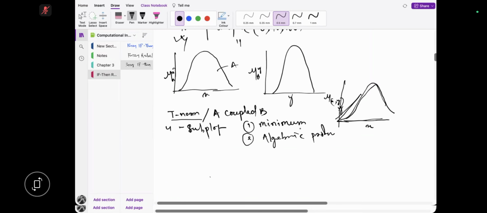This minimum is known as Mamdani minimum because Mamdani is the scientist who defined this concept. Then it is leap. Then your bounded product. Look into the equation already given in chapter 2. Then drastic product.